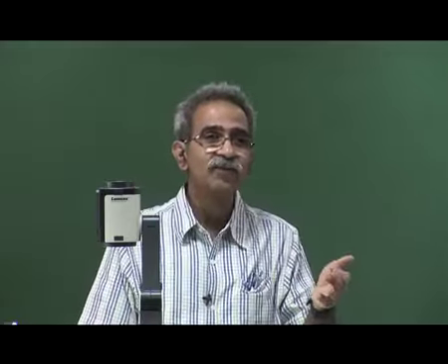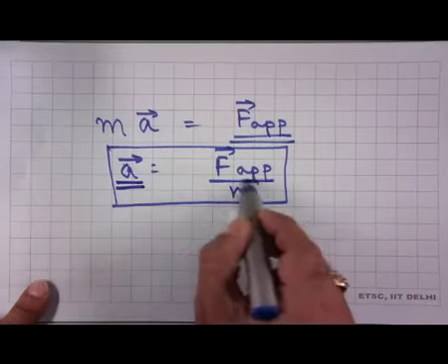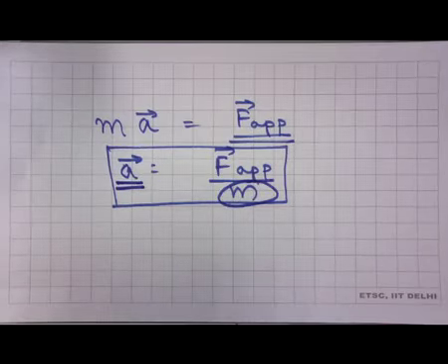I will simply count the number of atoms, and I will simply say that is the mass. And if there is another body of different atoms, I will ask, how many atoms of the other body should be there in order to make one atom of this, mass wise, the quantity wise. So, I can do that. So, the point is that the acceleration should be inversely proportional to the mass. That is very important, and this law cannot be violated.